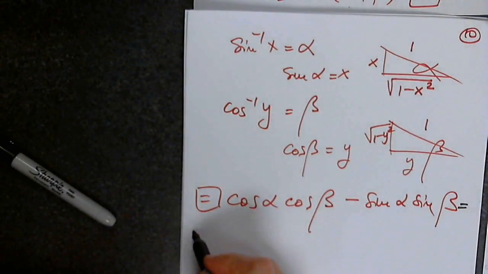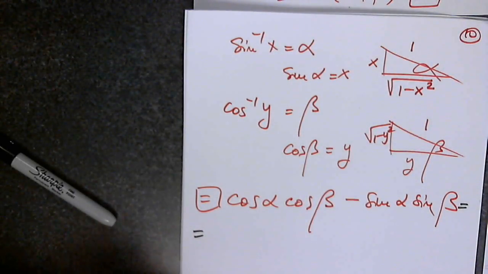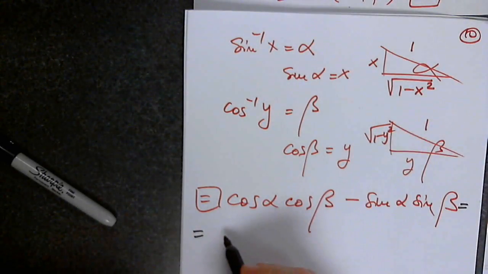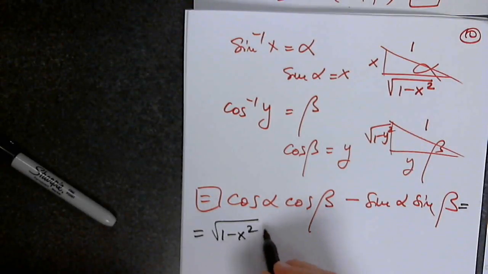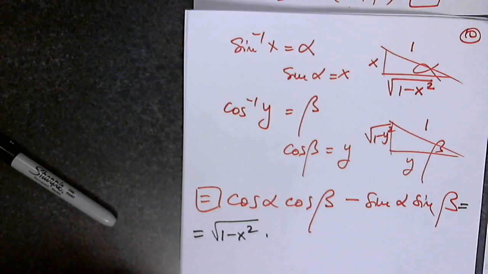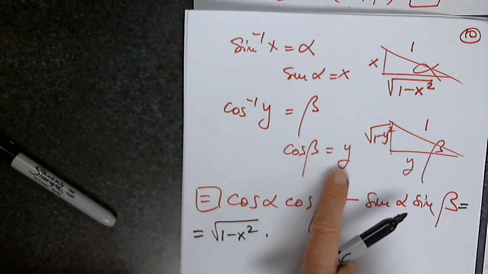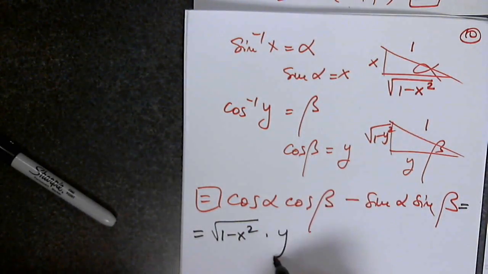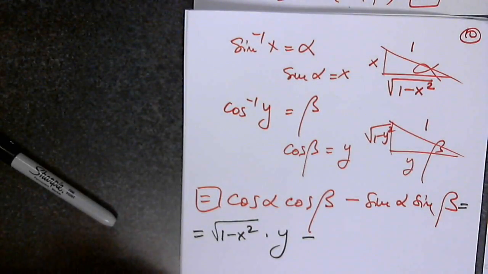So, how much is cosine alpha? The square root of 1 minus x squared. Exactly. How much is cosine beta? Square root of 1 minus y squared. Careful. Cosine beta is y, that's it, minus. Sine alpha, please. x.